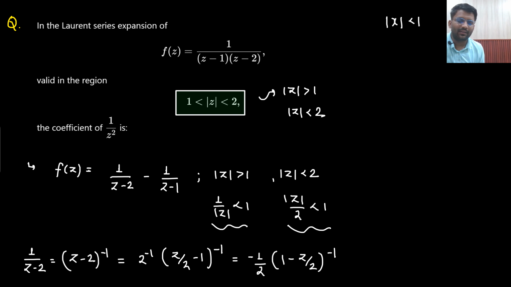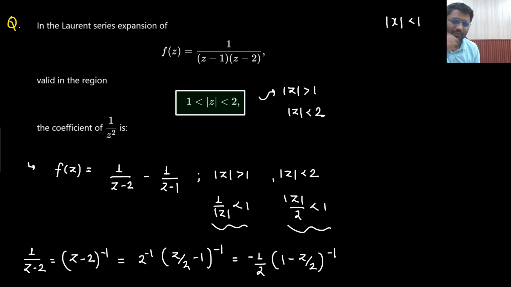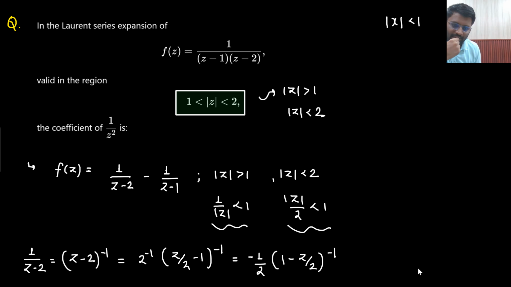So what I am getting, 1 upon z minus 2 could be written as minus 1 by 2, 1 minus z by 2 to the power minus 1. Now you do the expansion. Minus 1 by 2 you take outside, this minus 1 you take inside.